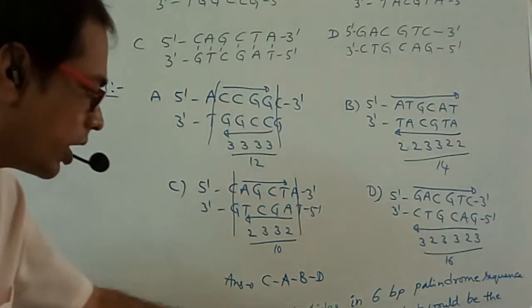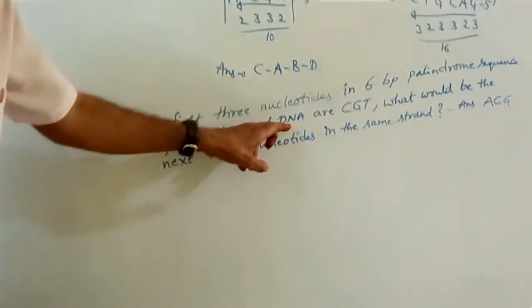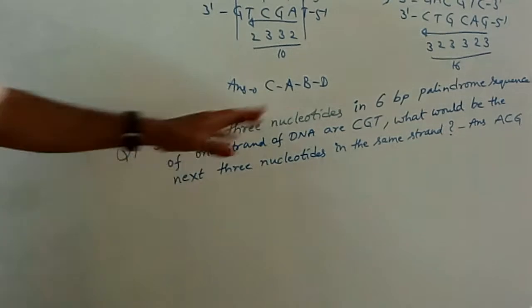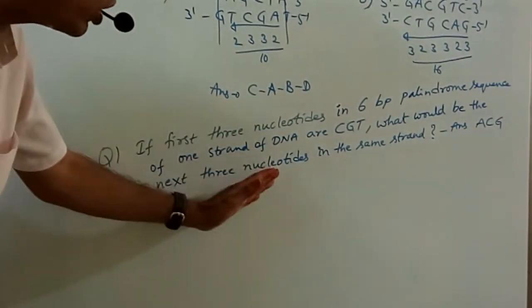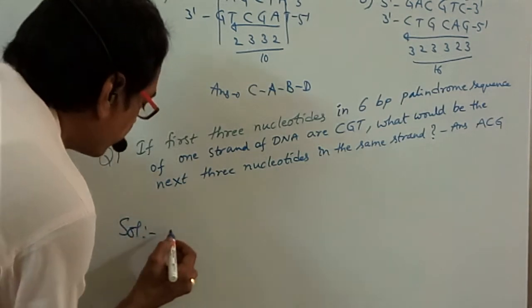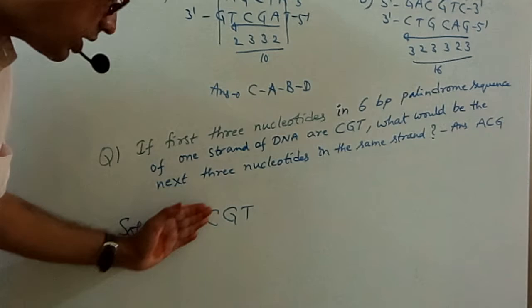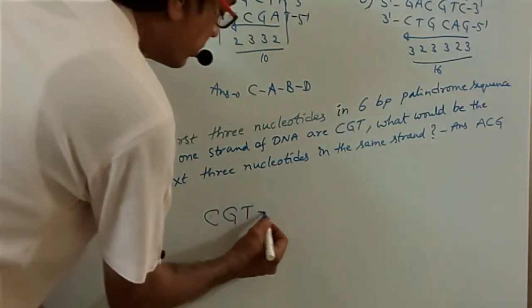Now the last question. If the first 3 nucleotides in a 6 base pair palindromic sequence of one strand of DNA are CGT, what would be the next 3 nucleotides in the same strand? That means, if CGT is the sequence, they are asking for the next 3.